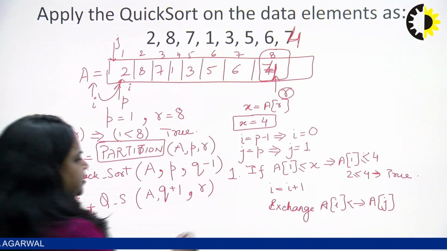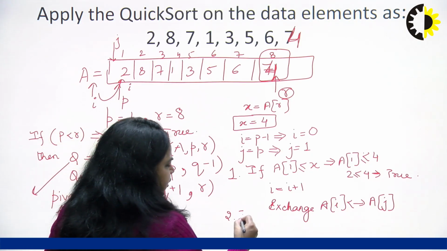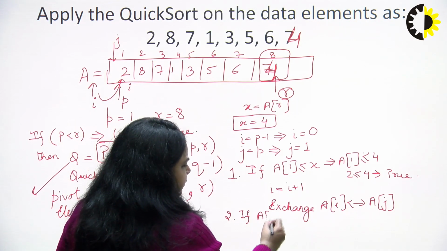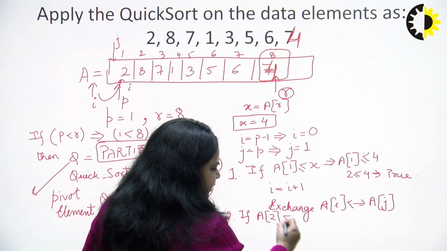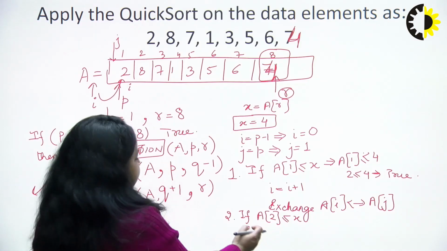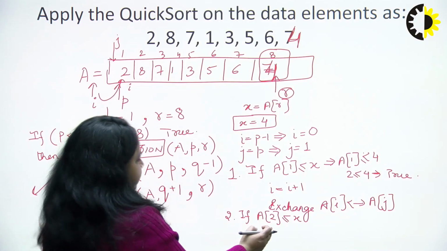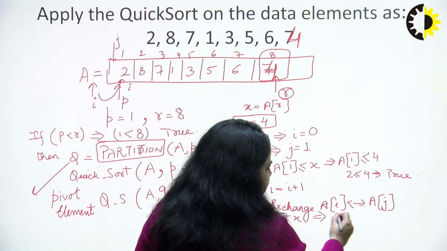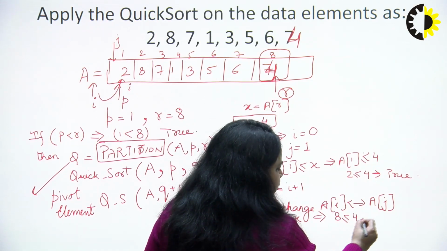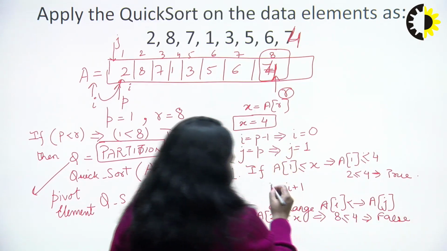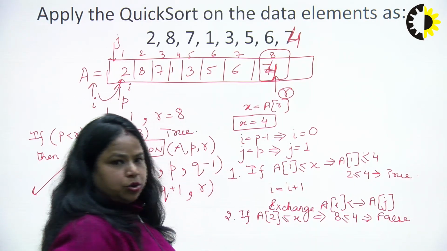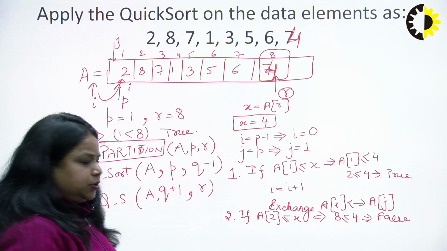Then after that, the second step says if j is equal to 2 for the loop, is A2 less than or equal to X? What was A2? That is an 8, right. So we can see 8 is less than or equal to 4, the condition is false. If the condition is false, it will not go into the loop and it will move further.